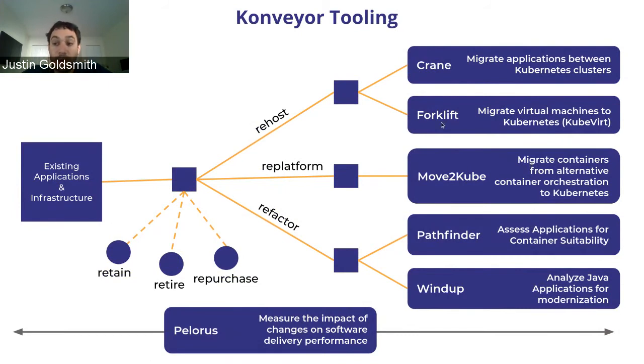Forklift is for moving virtual machines to Kubernetes. This is starting to be something that we're seeing a lot. KubeVirt is now supported in OpenShift, so we can run virtual machines inside of containers as part of OpenShift. So let's think about what happens when we're moving an old school legacy application. Maybe there are some Windows hosts, and it's a bit harder to move everything to OpenShift at the same time.